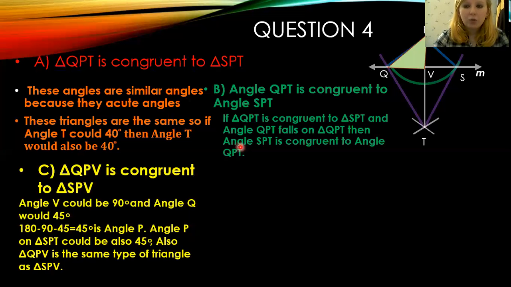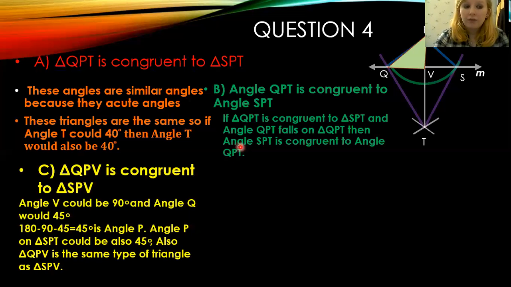So if one angle is 90 degrees and the other is 45 degrees, we subtract both of those from 180 degrees, which gives us 45 degrees, which will be angle P. And since when you fold the figure in half, angle P lines up with angle P of triangle SPV, it'll also be 45 degrees.